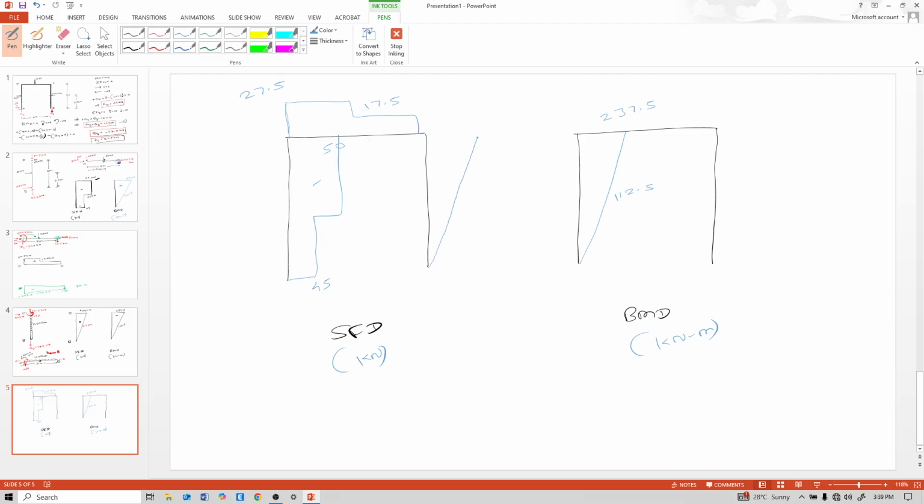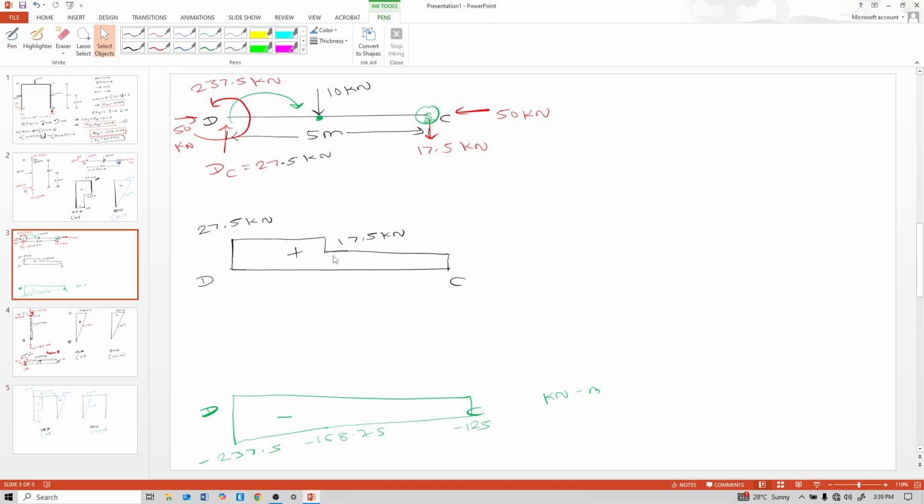Positive, draw away from structure. Negative, inside structure. This is 237.5, 168.75.